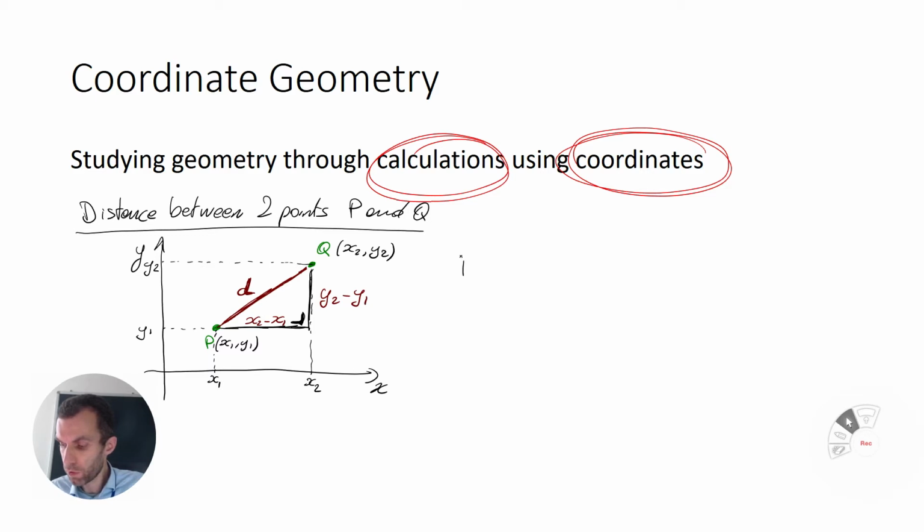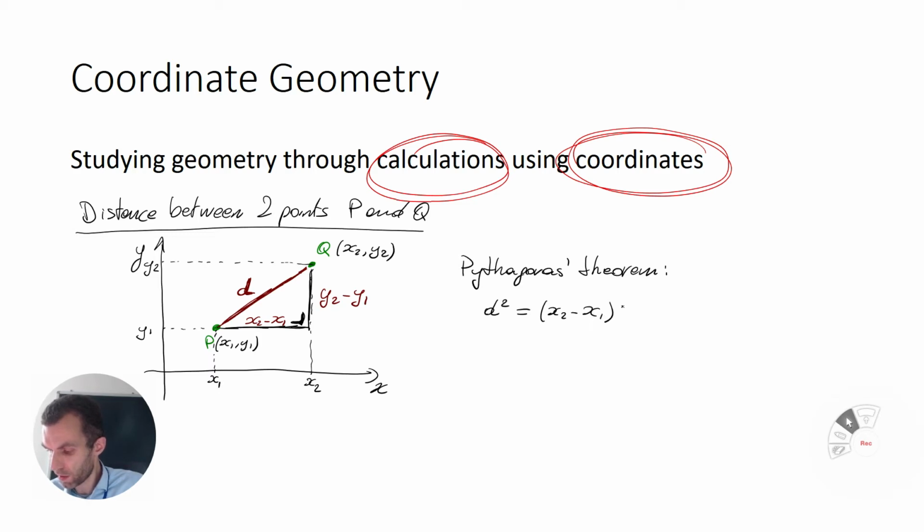And if I put these two together, then Pythagoras' theorem tells me that the length of the hypotenuse squared, d squared, is equal to the length of the sides squared, so x2 minus x1 squared, plus y2 minus y1 squared.